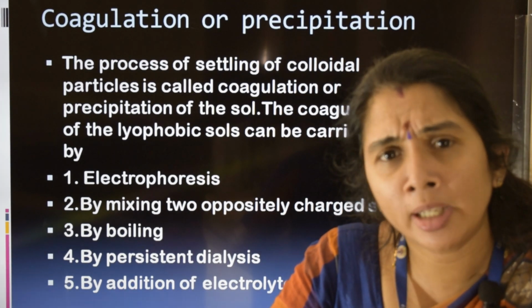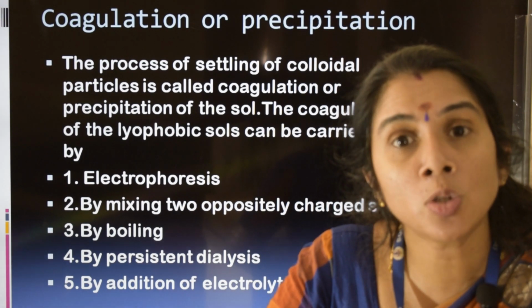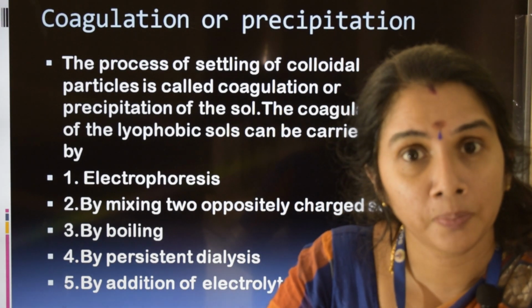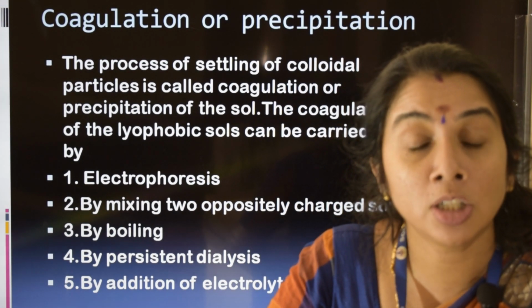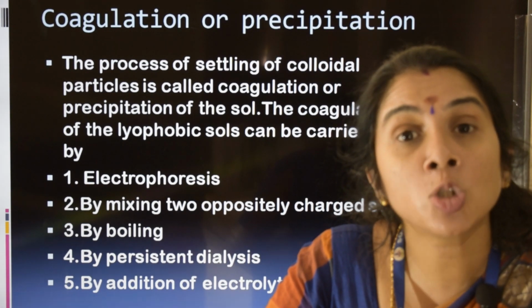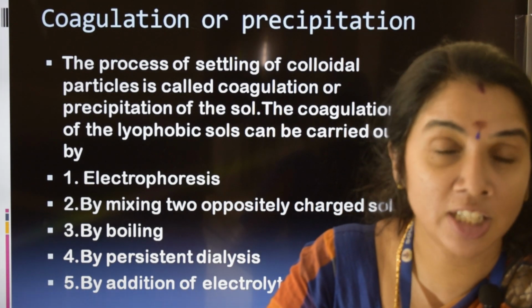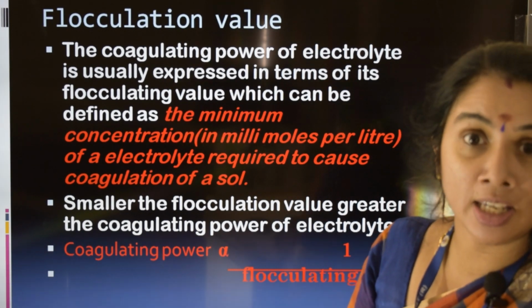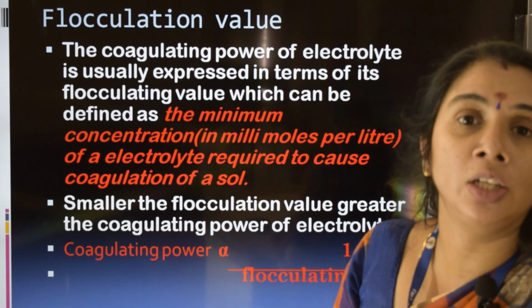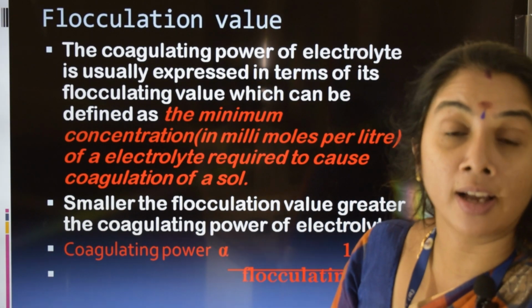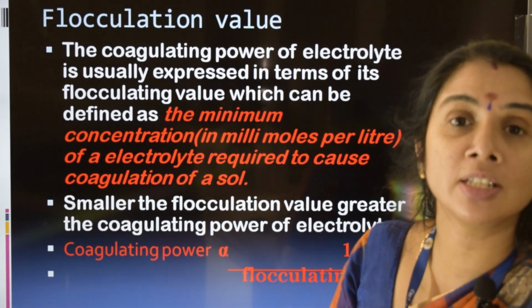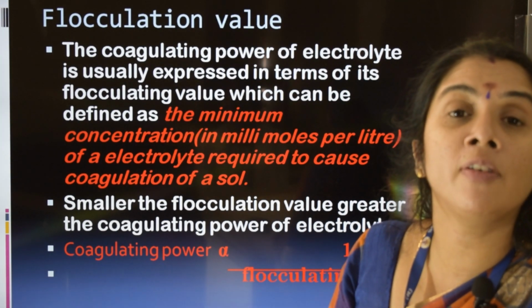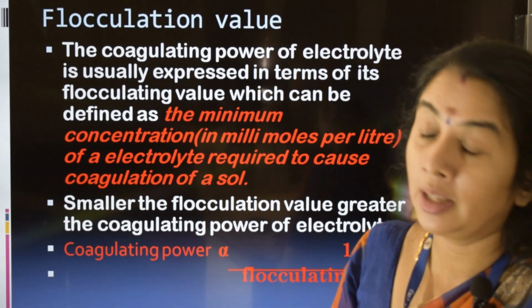What kind of electrolyte can be used? How much amount is to be used for this coagulation to happen? All these are very important, not only for theory purposes but also for your competitive exams. What we are going to discuss next is flocculation value, which is a clear indication of the coagulating power of the electrolyte. So let us define.